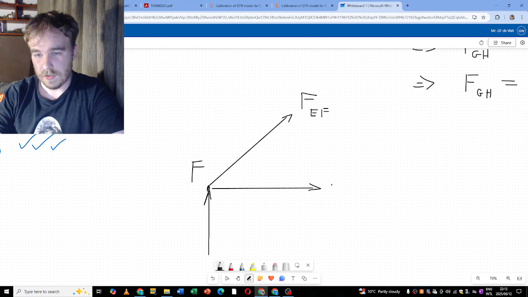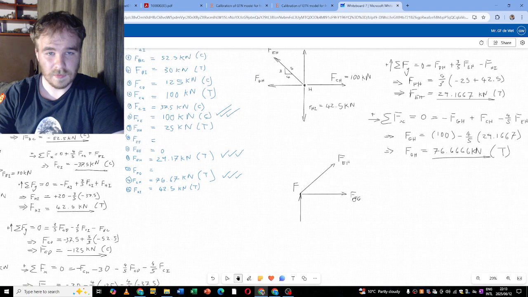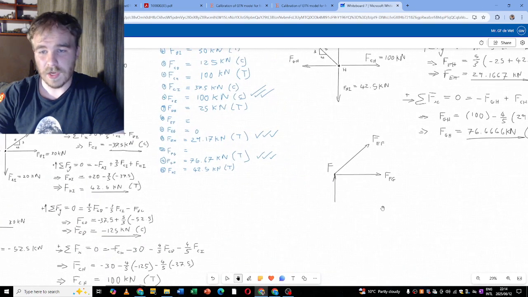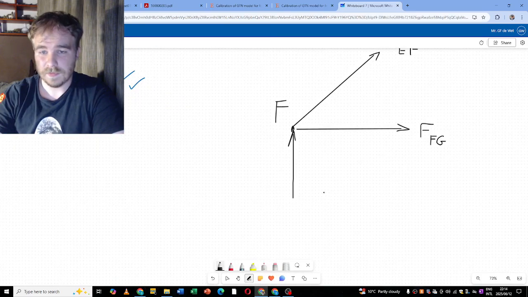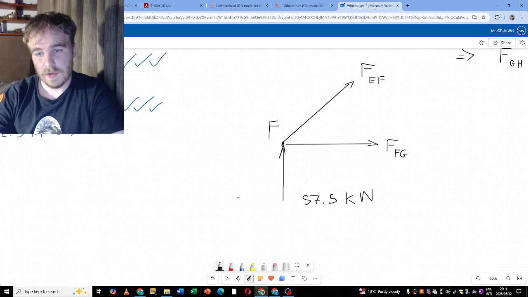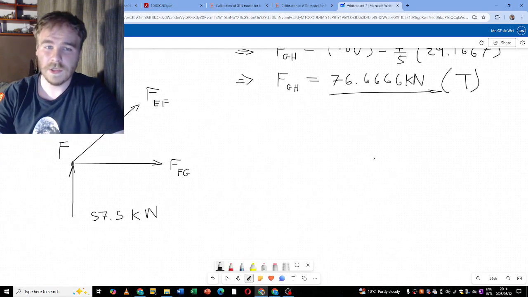And this one is the force FG. And this is the reaction force, but I'm just going to write in the values for that. This is this one, 57.5 kilonewtons. Okay, I did put the H over there.